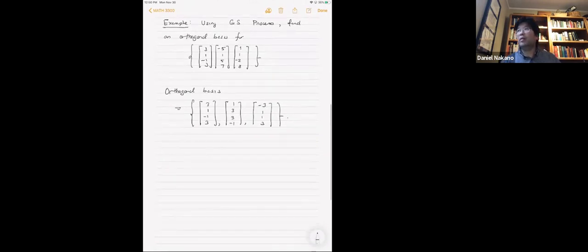And if we want something which is orthonormal, we just divide by the length. So if we want an orthonormal basis, well, the length of each of these is what? 3 squared plus 3 squared. Yes. Root 20. So what's the length of these vectors? Anyone? Root 20. Okay.